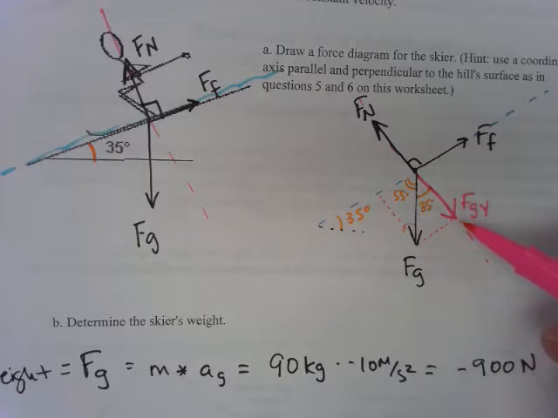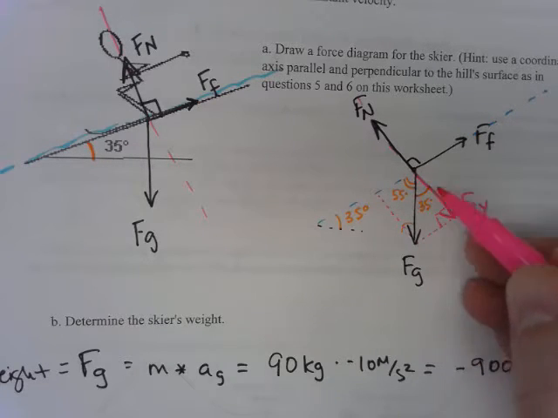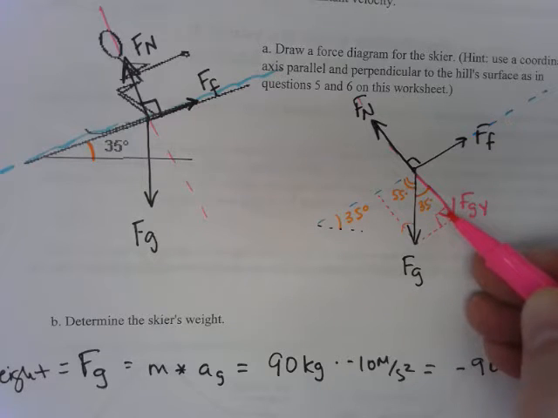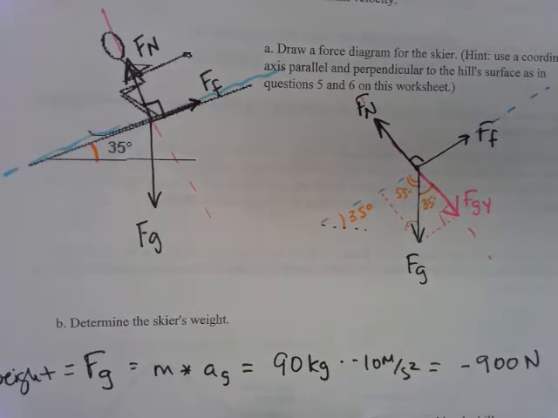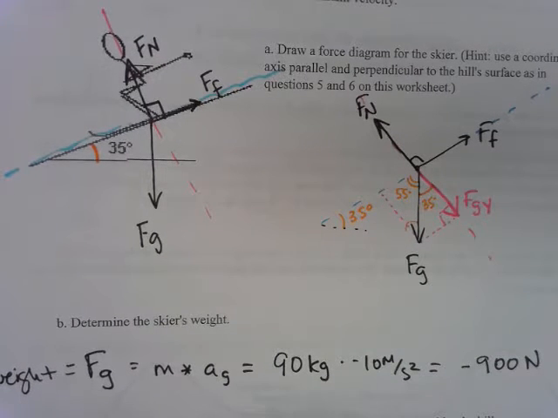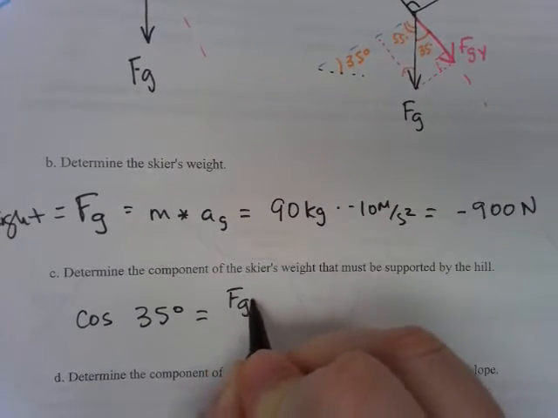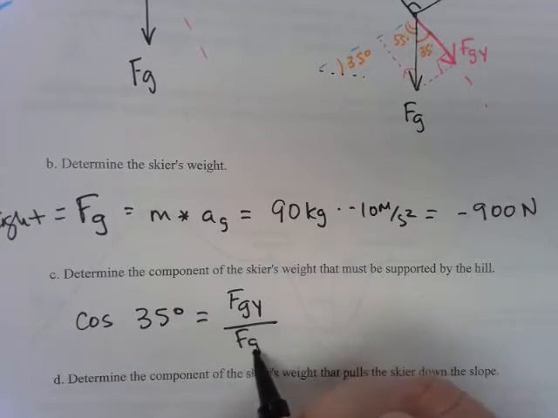And to figure that out, if this angle is a right angle, then FG is my hypotenuse, FGY is my adjacent leg. If that's my adjacent leg, then I need to use cosine. So I would say that the cosine of 35 degrees is equal to my adjacent leg, FGY, divided by whatever my FG is.